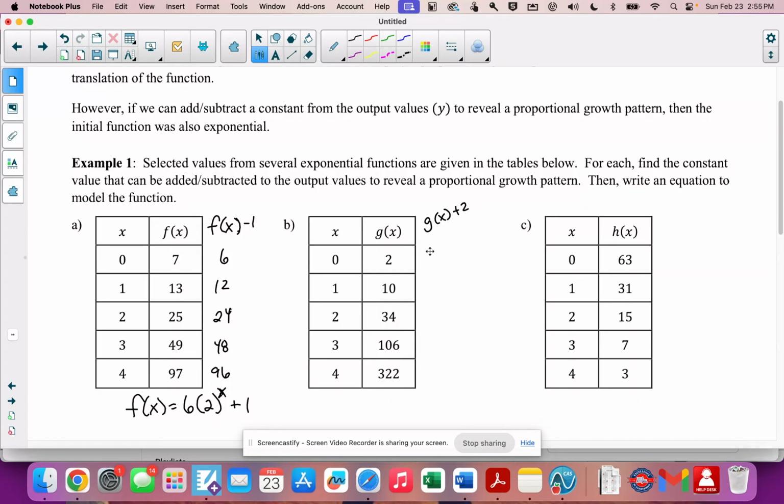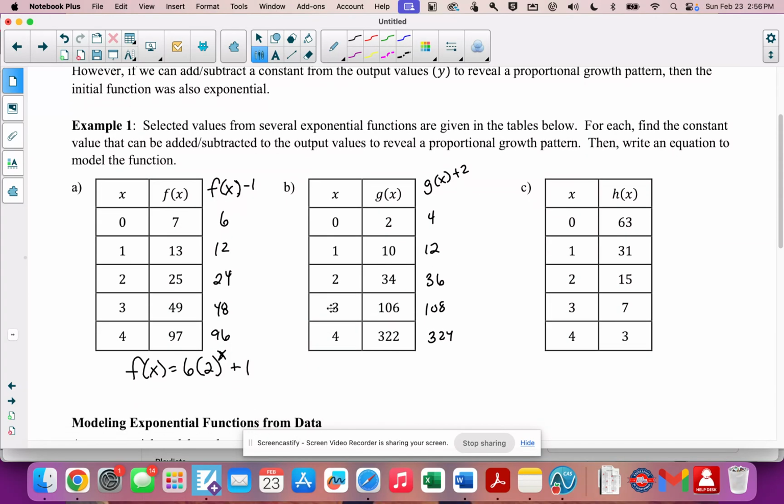If I add 2, I'm going to get 4, 12, 36, 108, and 324. Now, I'm not really sure without a calculator for the last ones, but I know if I multiply 4 times 3, I get 12, and 12 times 3, I get 36. So I know that my base is going to be 3.